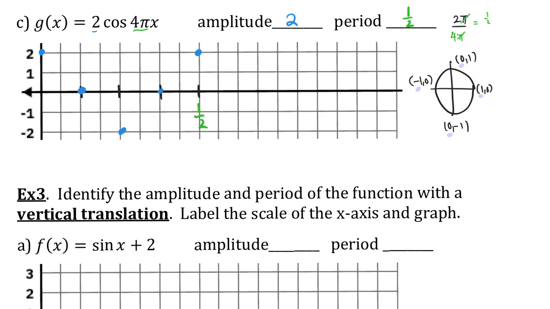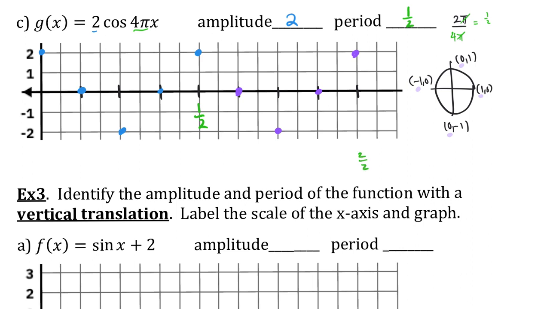Okay, I'm going to continue the pattern so I can get a second one. 1, 2, 3, 4. Okay, if I follow the pattern, what did we do? We did 2, 0, -2, 0, 2. 2, 0, -2, 0, 2. I'm following the path, and I ended at the point I thought it was going to end at. If this is 1/2, if I go 1/2 more, I'm at 2 halves.